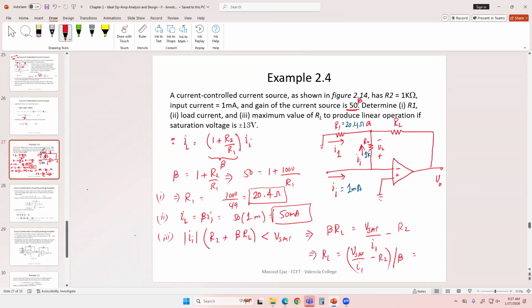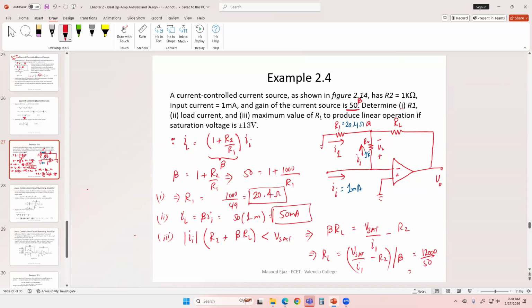So V saturation is 13, I input is 1 milliamp, so that's 13K, 13K minus R2, which is 1K, 12K. 12K over 50, so 12,000 over 50.